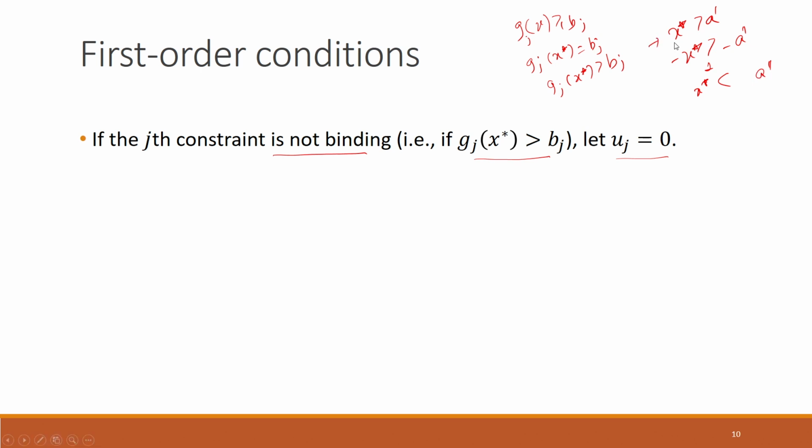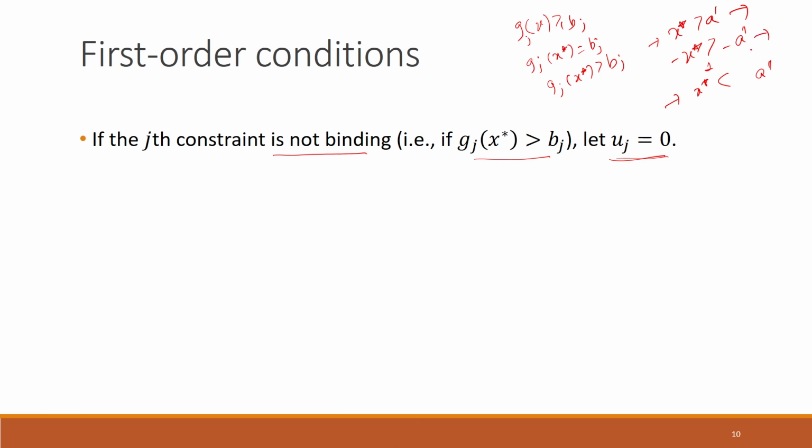So x* is lying in the interior point of this feasible region from a' to a''. In that case neither of these two constraints is binding, and both u1 and u2 will be equal to 0. u1 is for the first constraint, and u2 is for the second constraint.